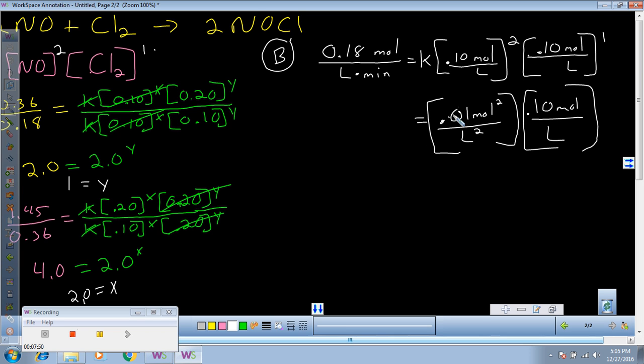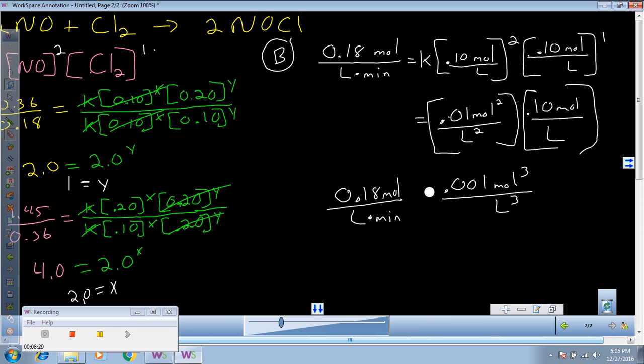And if I multiply these two things, now I have moles squared and moles, so when I have exponents like that, I add them. And same on the bottom. And the left side just stays the same. I lost my K.